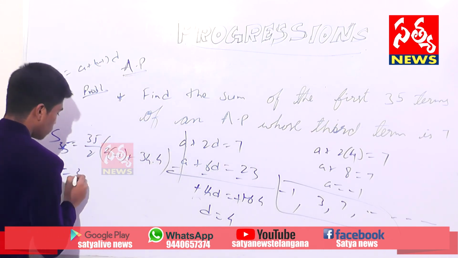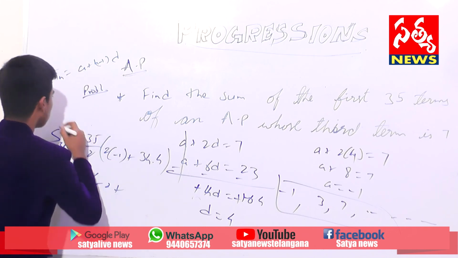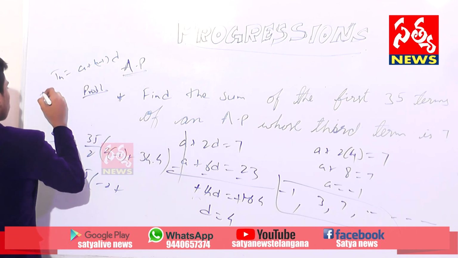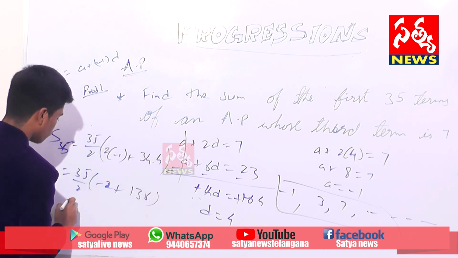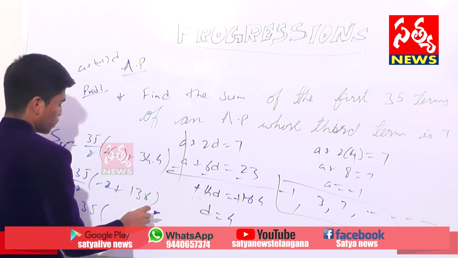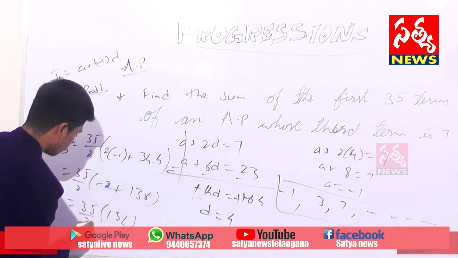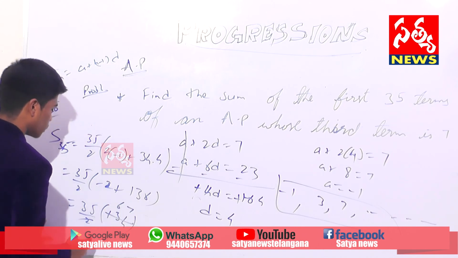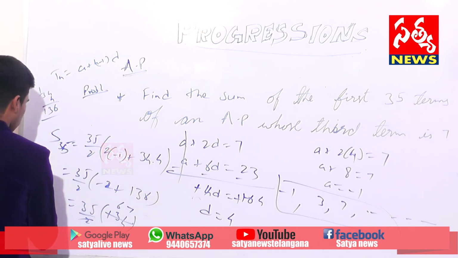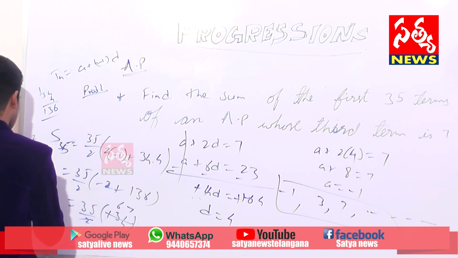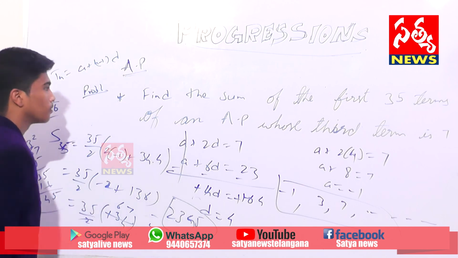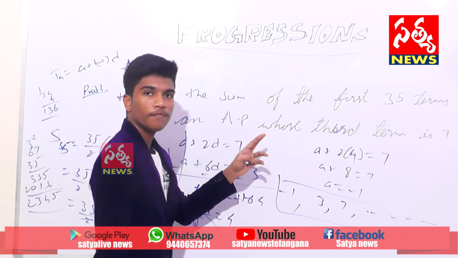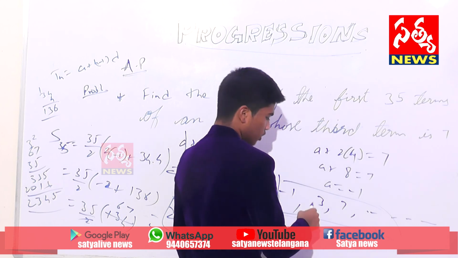Now solve for it. 35 by 2 into minus 2 plus 34 4s, which are 136. 136 minus 2, 134 by 2. 2 6s are 12, 2 7s are 14. 67 into 35. So 2345 is our answer. 2345 is the sum of the first 35 terms of this AP: minus 1, 3, 7, and so on.